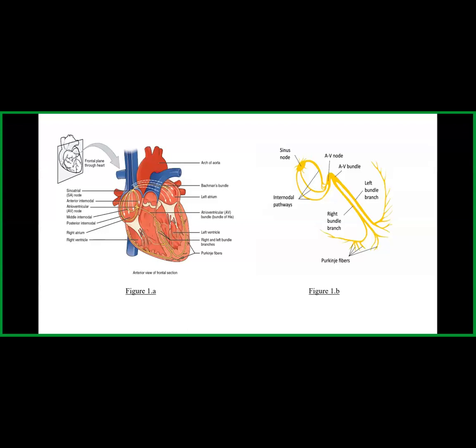The SA node is also responsible for spontaneously generating these impulses which will travel through the conduction system, which is why it's called the heart's pacemaker. It sets the tone for how fast the impulses will be traveling through this system. Secondly, we have the AV node, or the atrioventricular node, which is situated at the AV septum, just above the coronary sinus, as we can see in figure 1A.